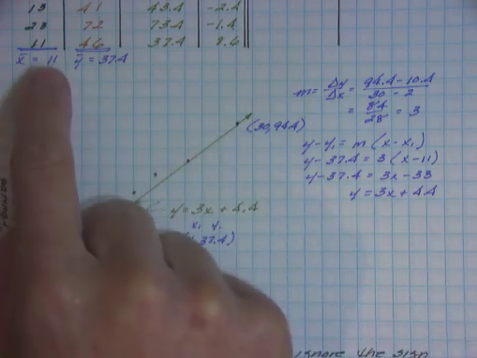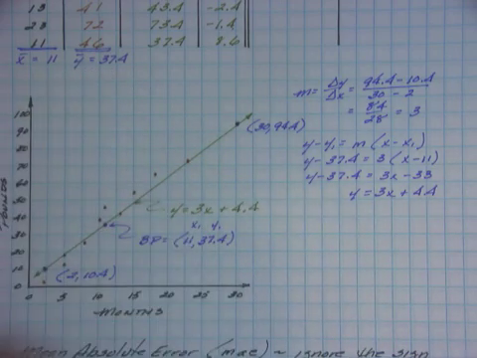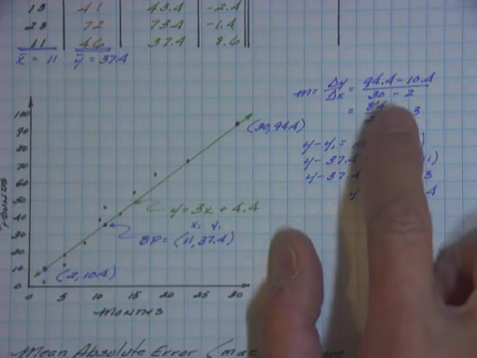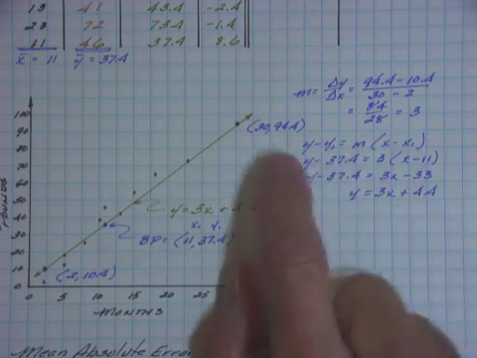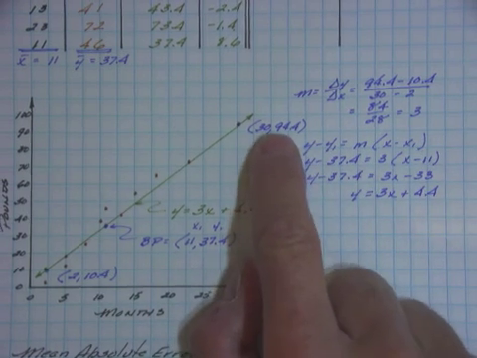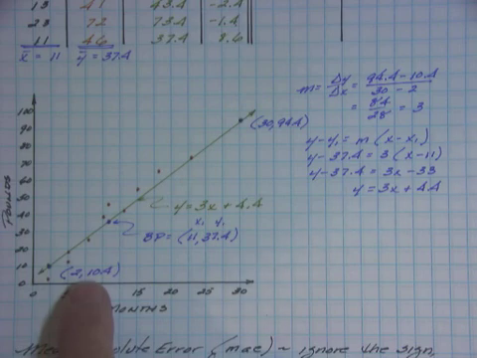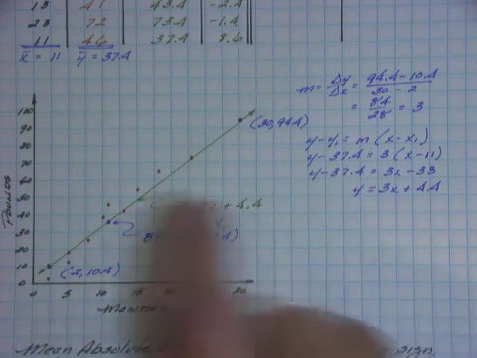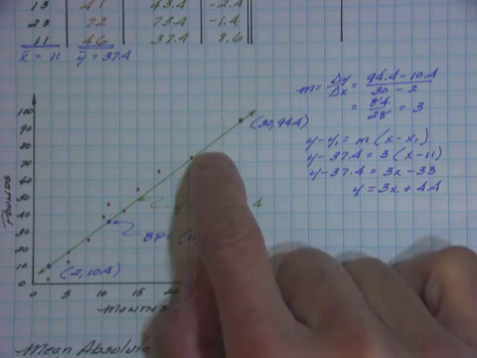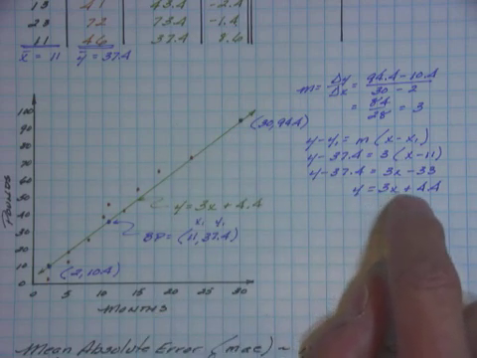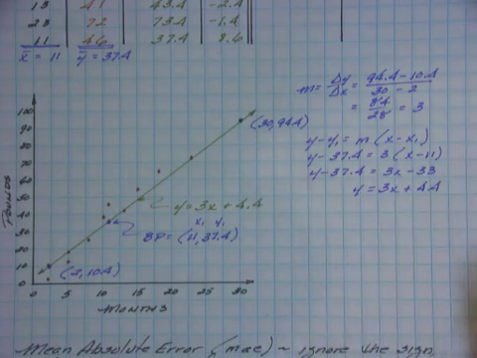I've calculated the balance point, finding the averages of the x and the y values, or the independent and dependent variables. I've calculated the slope of the line. I used a point out here at 30, 94.4 and 2, 10.4. I've calculated the equation of that line, my first best fit line, is y equals 3x plus 4.4.